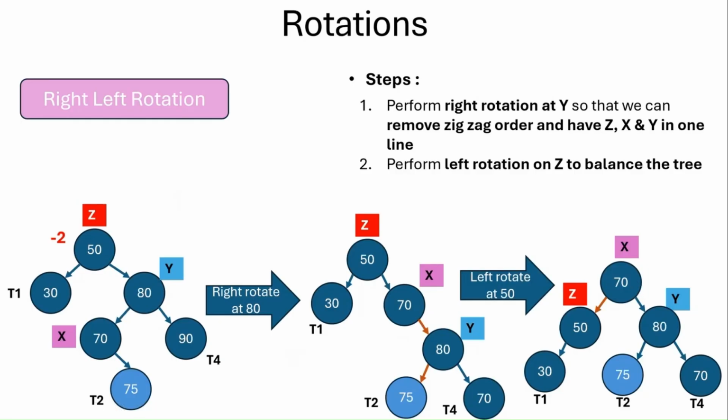So in this video, we understood what is the problem with the binary search tree, how the order of insertion and deletion makes the binary search tree unbalanced, and what is the impact of it on the performance of search, insert, or delete operations. And there are different ways to make the binary search tree balanced. There are different types of balanced trees.